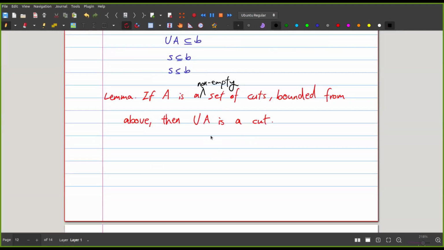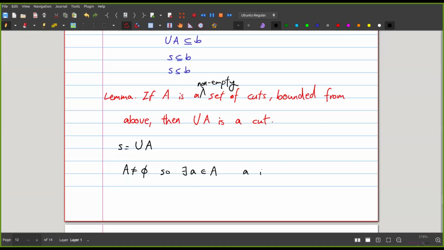Okay, so we want to prove this. I have to prove several things. Remember that I just used S to show the union of A. I have to show that S is not the empty set. So first of all, A is not the empty set. So there exists some element, some real number in A. So let's say a small a in big A. And this small a is a cut, right?